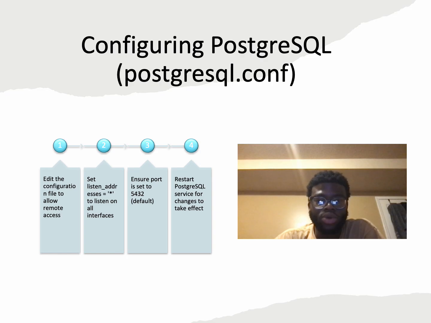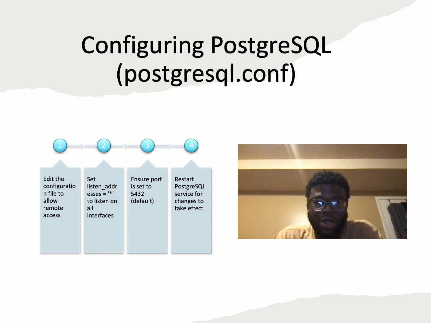Then configuring PostgreSQL. Number one, you edit the configuration file to allow remote access. If you go back one slide, it said you have to allow remote access. Number two, you set listen_addresses to a star to listen on all interfaces.